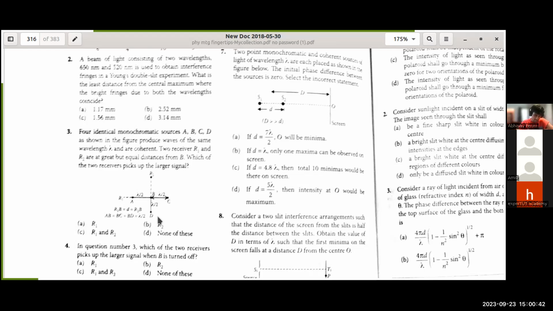So let's say I cancel A, okay? Then for R1, A and B cancel, right? And only C and D remain, right? Yeah.